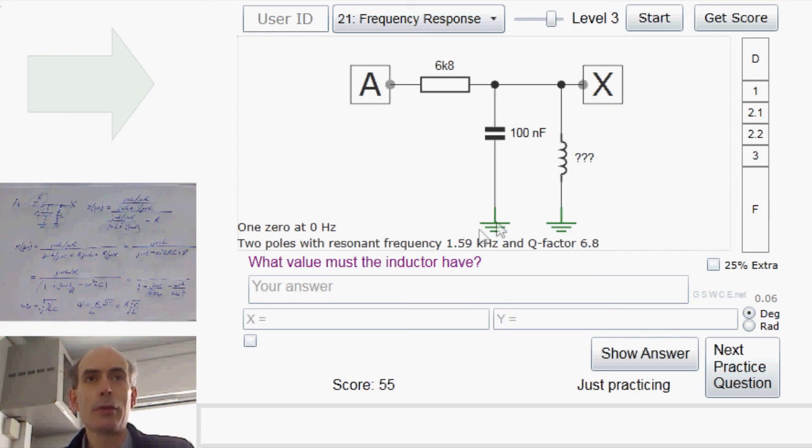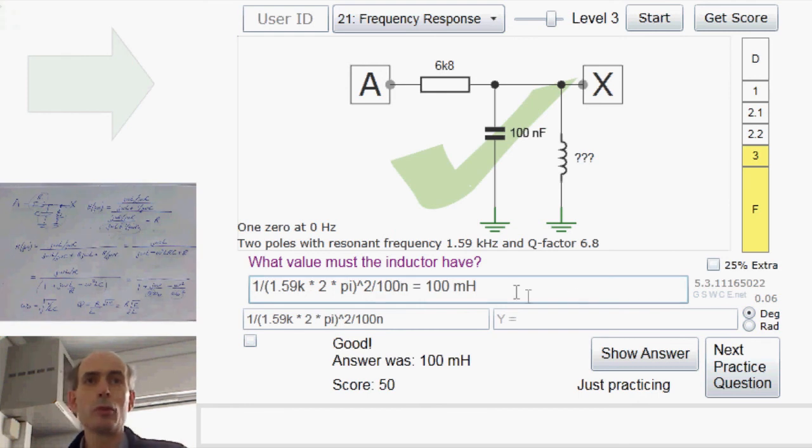You know that the resonant frequency is 1 over the square root of C times L. So, if I take the resonant frequency here, which is 1.59 kilohertz, multiply it by 2 and pi to turn it into a frequency in radians per second, if I square that, then what I will end up with is 1 over LC. If I do 1 over that, then what I've got there is L times C. So if I divide that by C, I must have L. Great. Not that hard, actually.